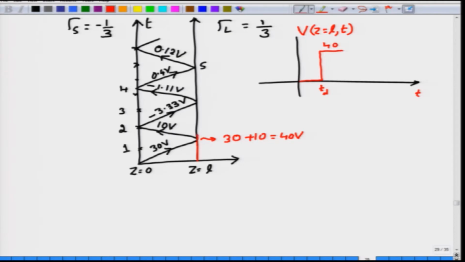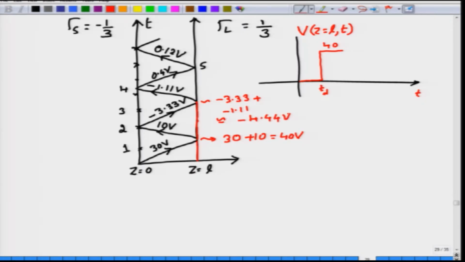Now we continue our journey on the time axis. We are not seeing any more voltages until we hit upon 3 times Td. At 3 Td you have a partial voltage which is minus 3.33 volt plus minus 1.11 volt, which is roughly minus 4.44 volt.